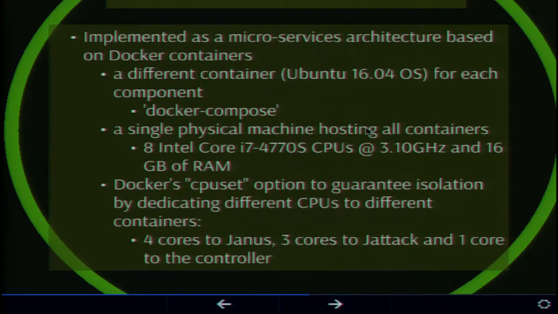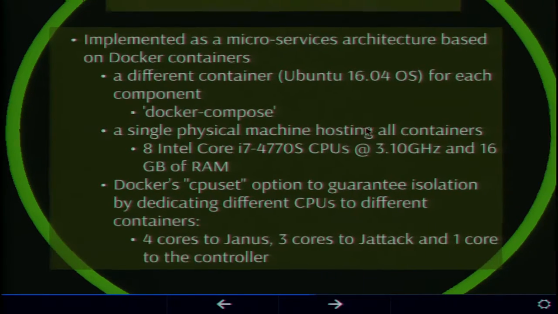In particular, we leveraged an 8-core Intel machine, so we had 8 CPUs, and by using the cpuset option of Docker Compose, we could allocate some of the CPUs to a specific component of the testbed. Here, we used 4 cores allocated to Janus and 3 cores to Jattack. One single core was dedicated to the controller, which is much more lightweight compared to the others.